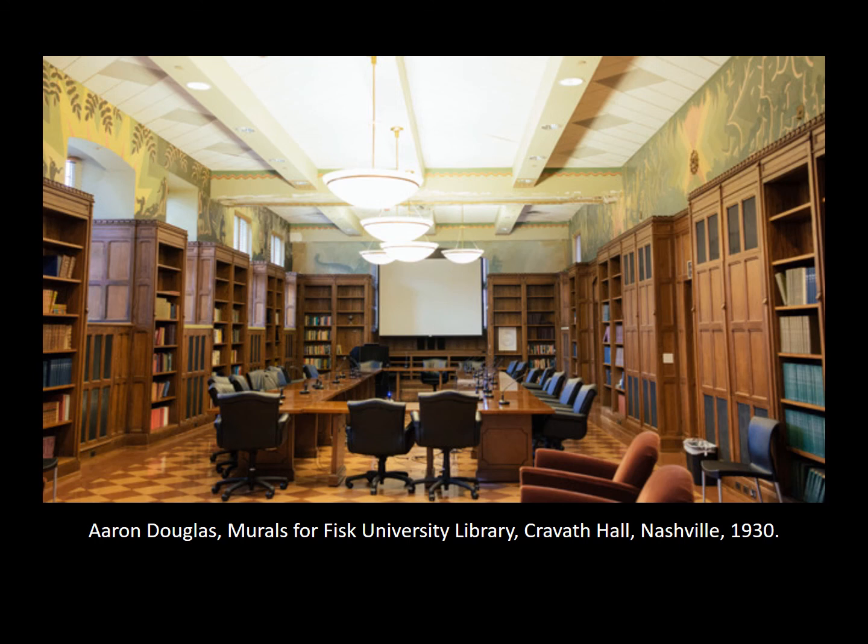So it extends through 3 separate rooms. This is the first room, which is the North Reading Room. And here you could see the upper section of the walls, which are painted with sort of these jungle scenes, which are supposed to represent Africa.